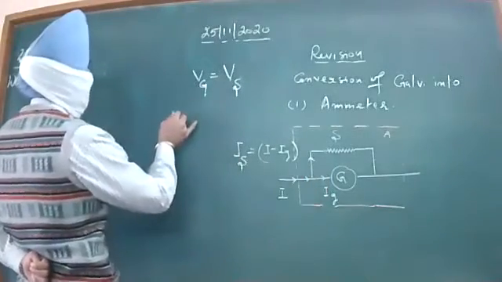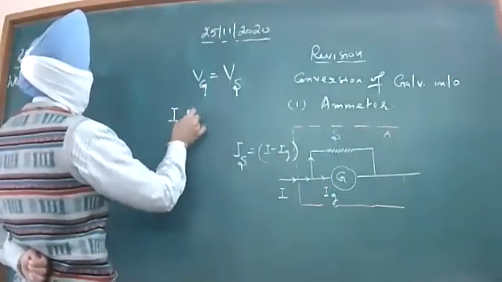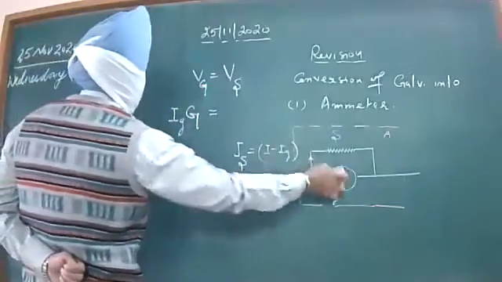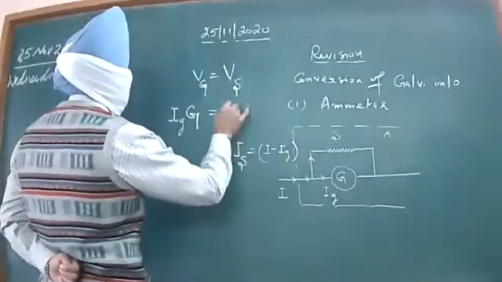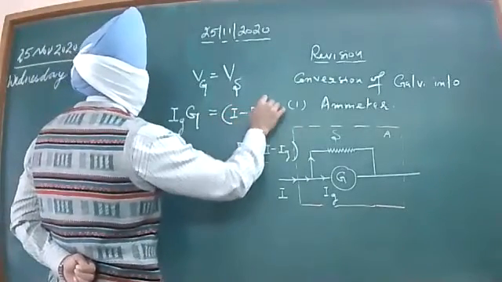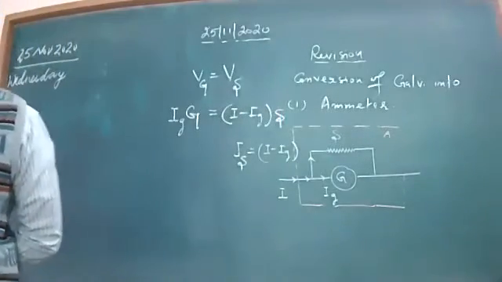Voltage across the galvanometer V is equal to I into R, where R is your capital G, that is Ig into G. And here the current is I minus Ig, into resistance S in this case.